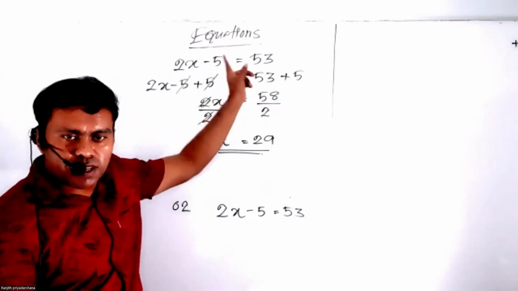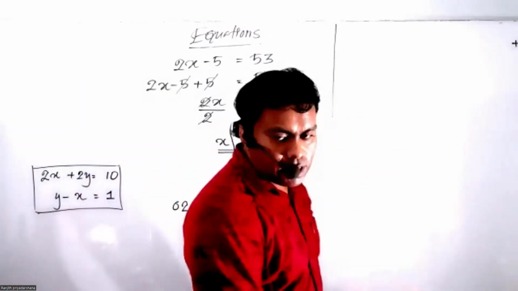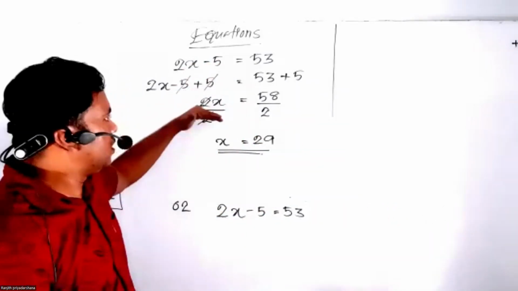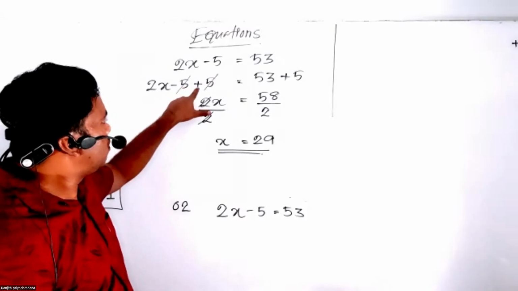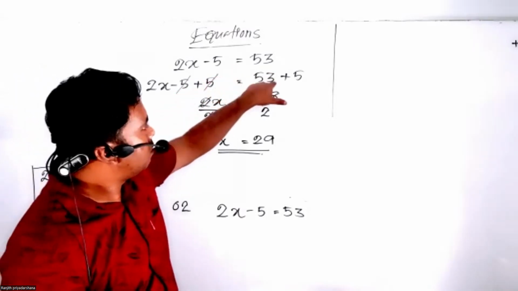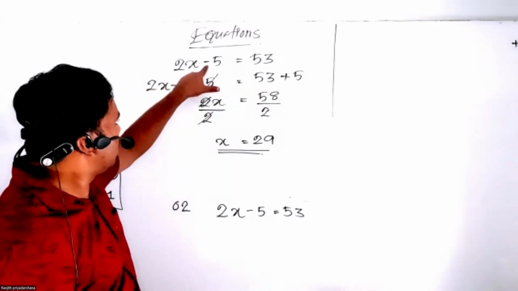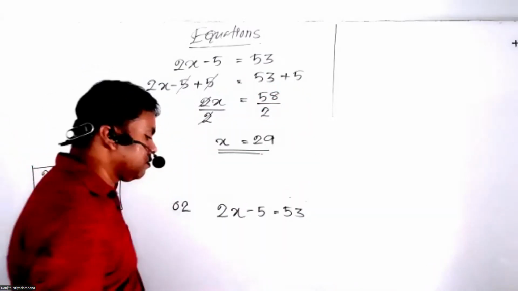The subtraction of 5 ends up on that side as an addition. That's what happens. Therefore, instead of writing minus 5 plus 5 and then 53 plus 5, at once you remove this minus 5 and write it on the other side as plus 5. Look at this.